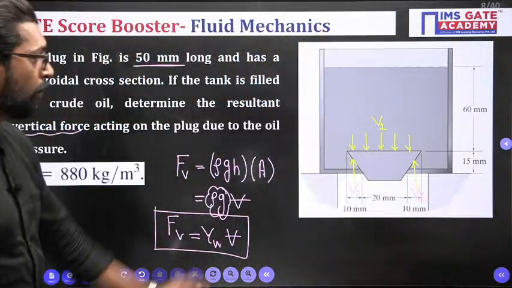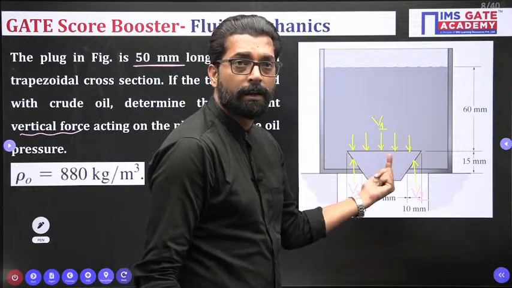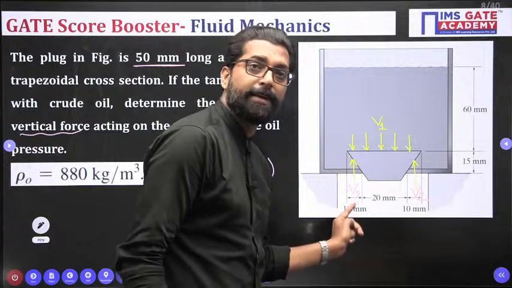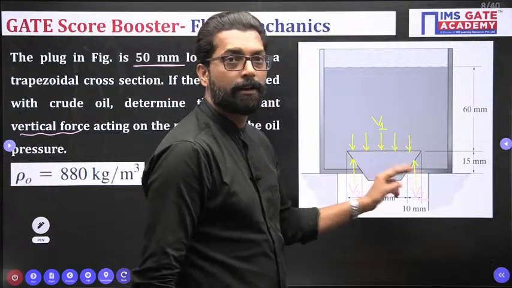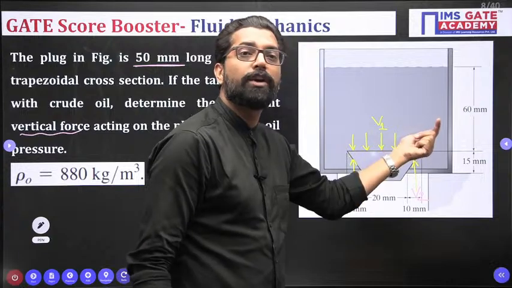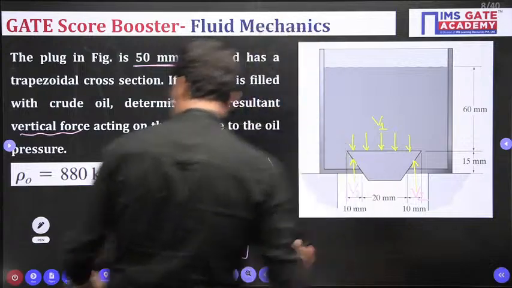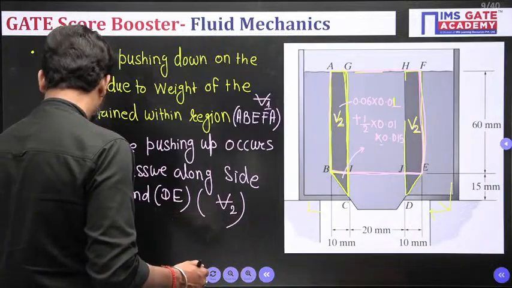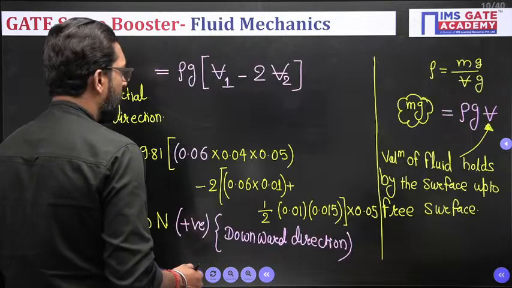Clear? So in the GATE question, it may be a circle, it may be a hemisphere, semicircle. So the shape is anything. There is a trapezium, it may be conical, cone is there. So in the GATE, what they are asking is like that.